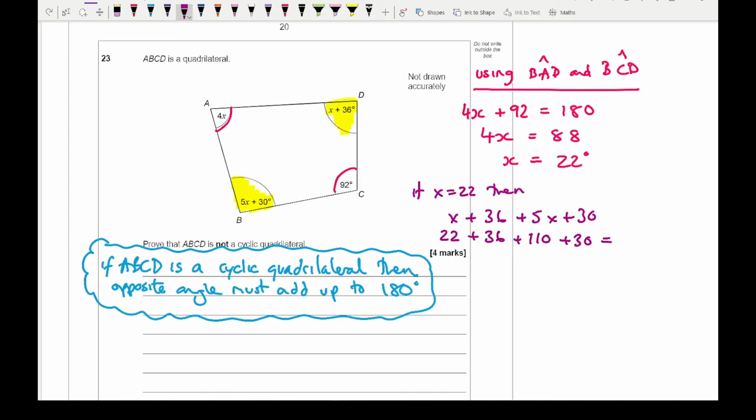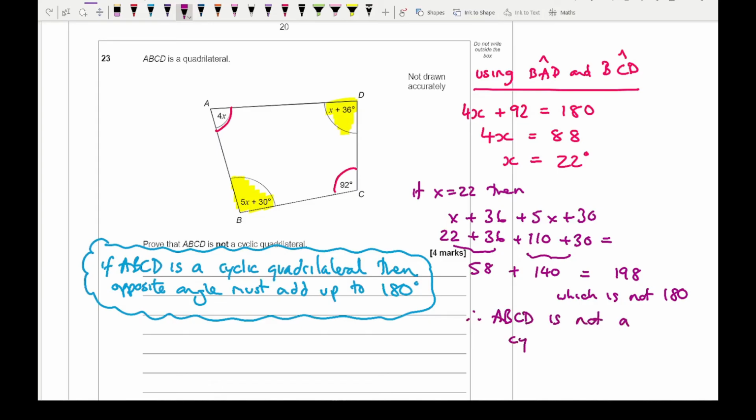And if I add that all up, now if this equals 180, then it's going to be a cyclic quadrilateral. So here I've got 22 plus 36, which is 58. And then I've got 110 plus 30, which is 140. And as you can see, those two numbers added together is going to give me 198, which is not 180. So therefore, ABCD is not a cyclic quadrilateral.